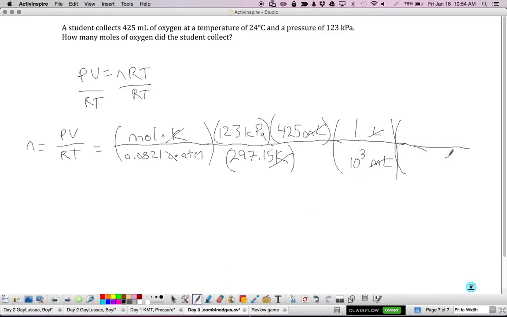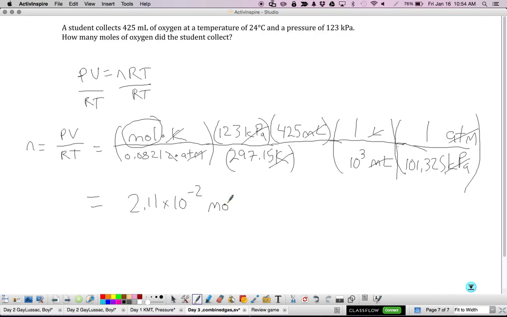Put units down first. kPa goes down here, atm goes up here, then fill in numbers. 1 atmosphere, 101.325 kPa. All right, now kPa is going to cancel, atmospheres is going to cancel, and finally I'm left with moles. And when you do all your calculations, you get 2.11 times 10 to the minus 2 moles oxygen.